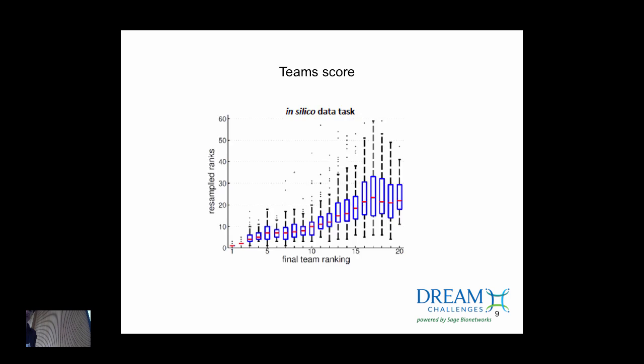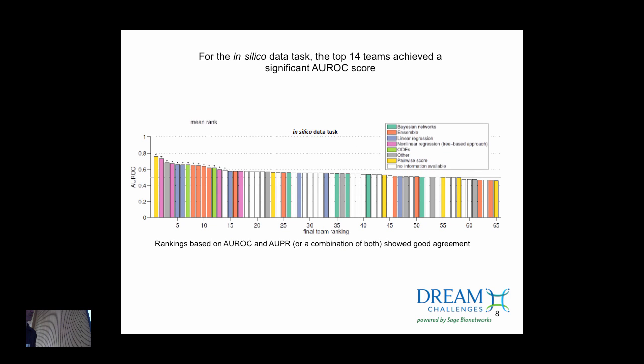These are just the first. Basically, the first 13 submissions were statistically significantly better than random, I think, right, Julio? Just random submissions.